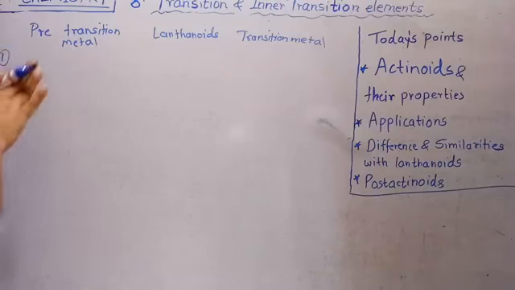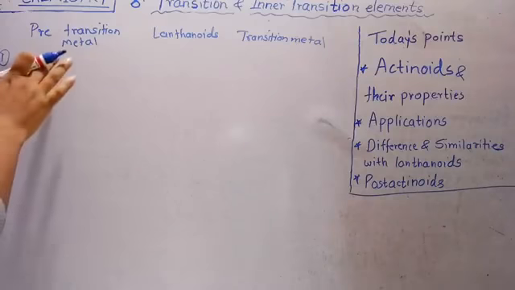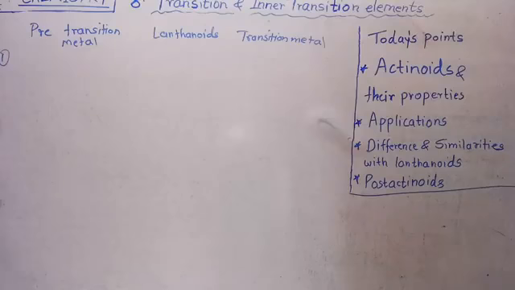Then first, you know the lanthanoids. There is a first series of f block elements starting from cerium to lutetium. These elements are preceded by lanthanum, and this lanthanum is placed in the d block. It is the first element of the third series of the d block. Then what are pre-transition metals?